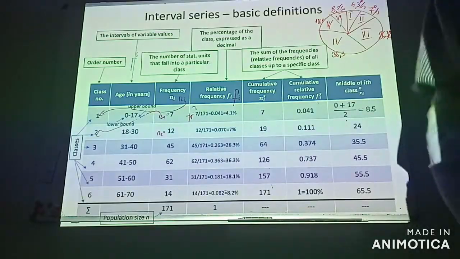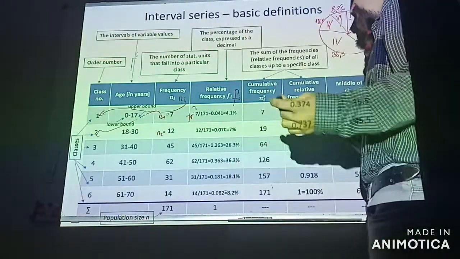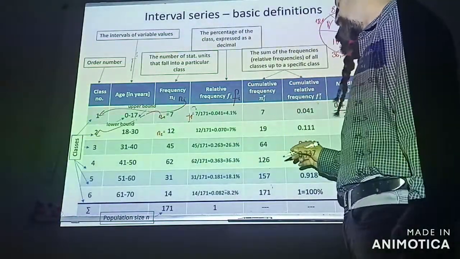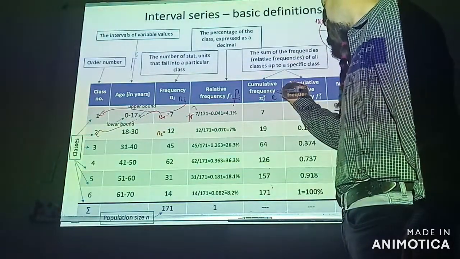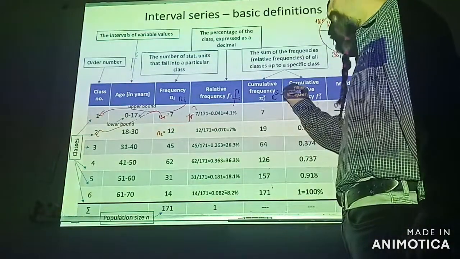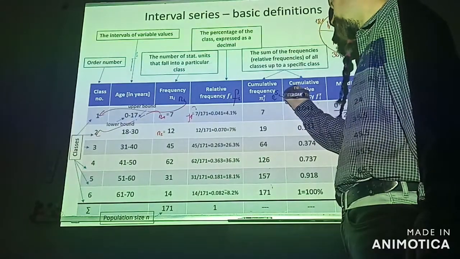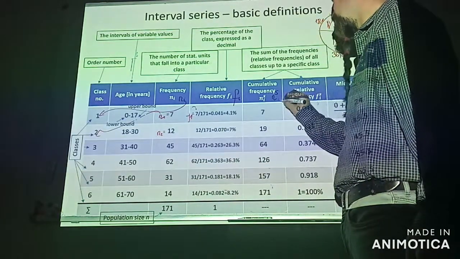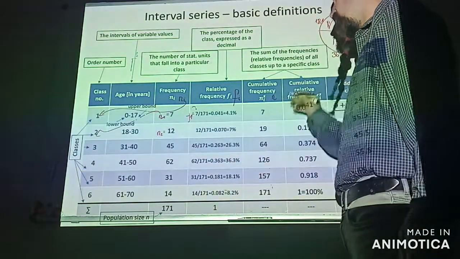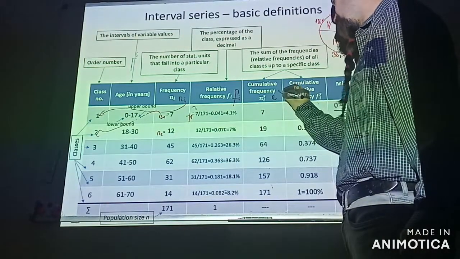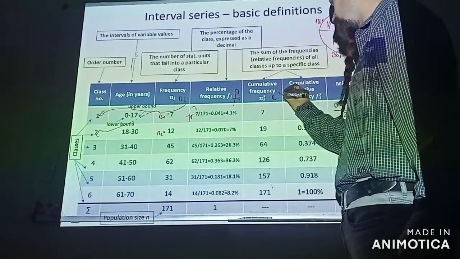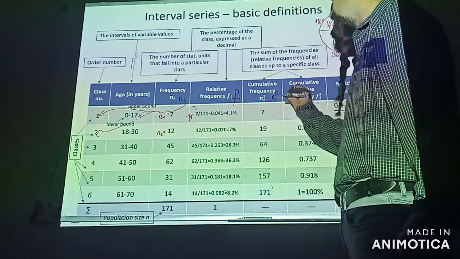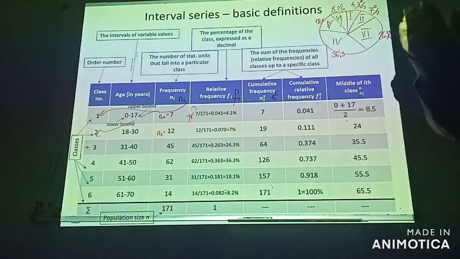Cumulative terms. How to indicate that we are working with cumulative terms? We put the letter S here. It means cumulative. S is from Polish notation, but we can also use it to indicate that this is a cumulative value.